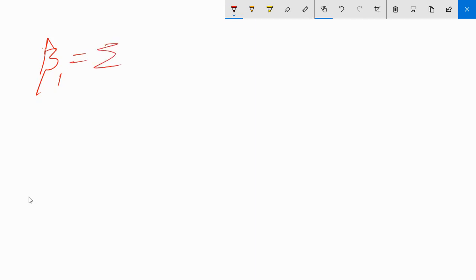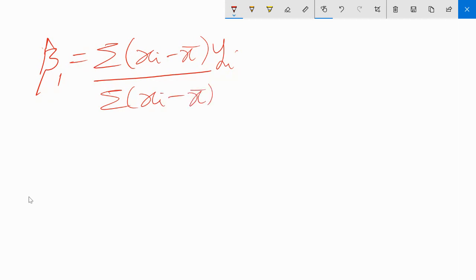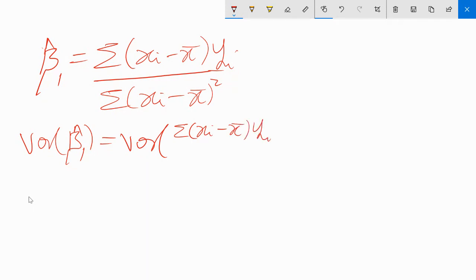Beta 1 hat is equal to the summation of (xi minus x bar) yi divided by the summation of (xi minus x bar) squared, and the variance of this is equal to the variance of that summation. You know what is a constant here.